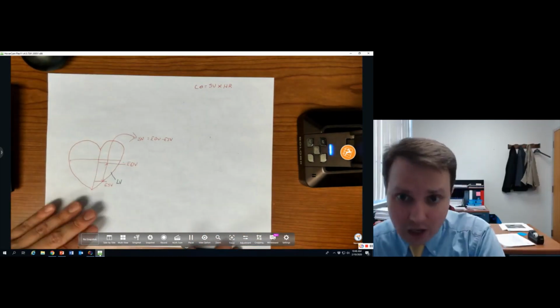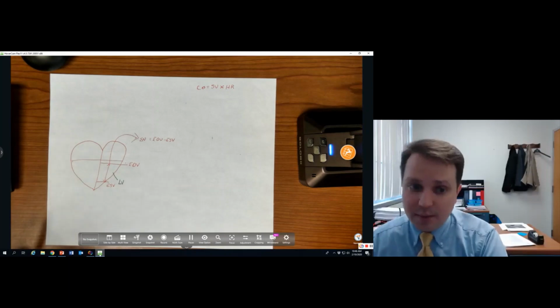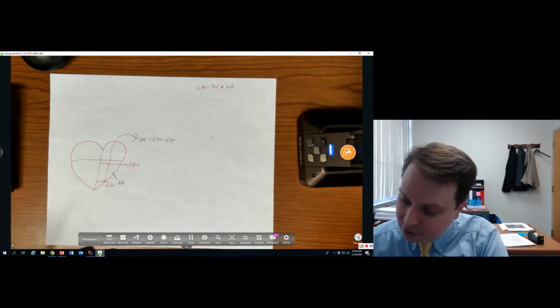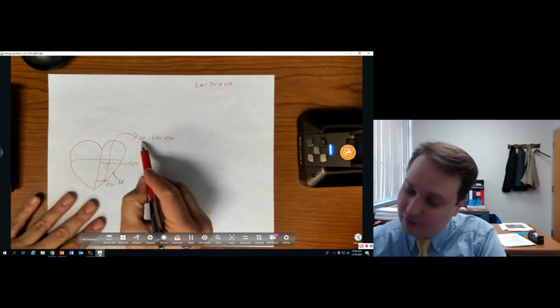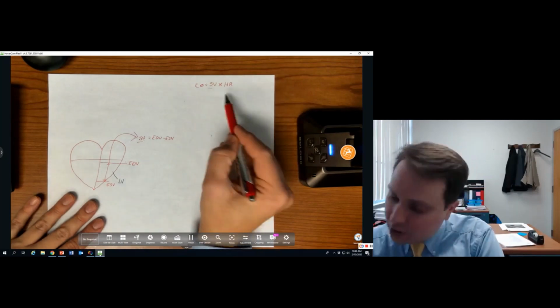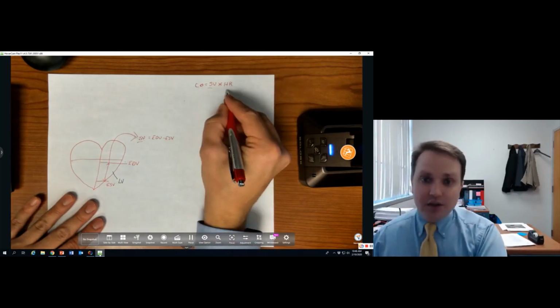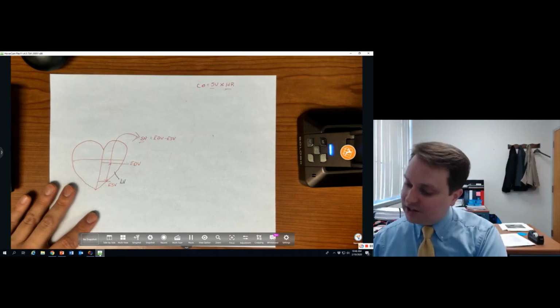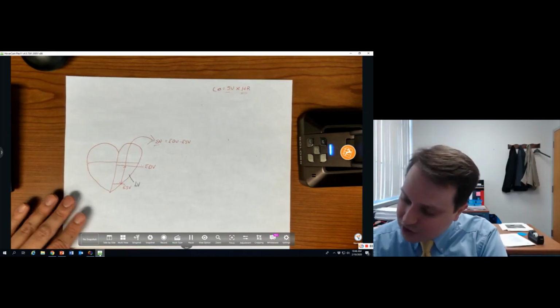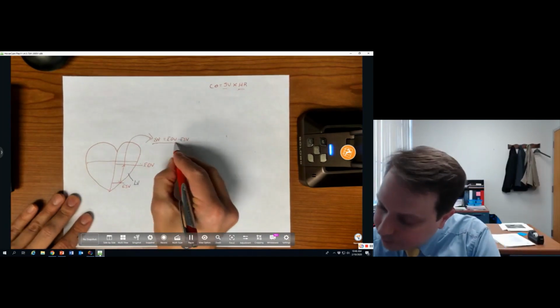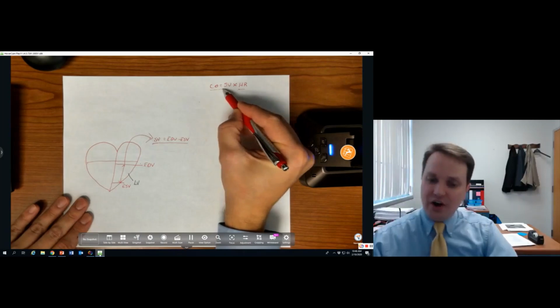Okay, so stroke volume times heart rate. So now we know how to find stroke volume. We have that. Heart rate is measured through a pulse. So we're going to practice these in a minute, but these are two equations that we need to know right now. There'll be a third in a minute.